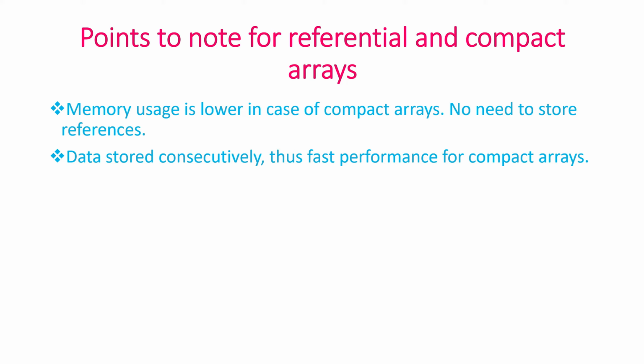You are simply storing your data itself in the array, so less memory is consumed. This is one difference. And secondly, when you store the data consecutively, it leads to faster performance. You are using the memory sequentially, thus it leads to faster performance.